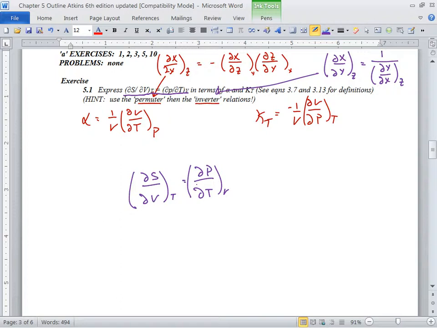I think I used the permuter first, because I want to get these two.